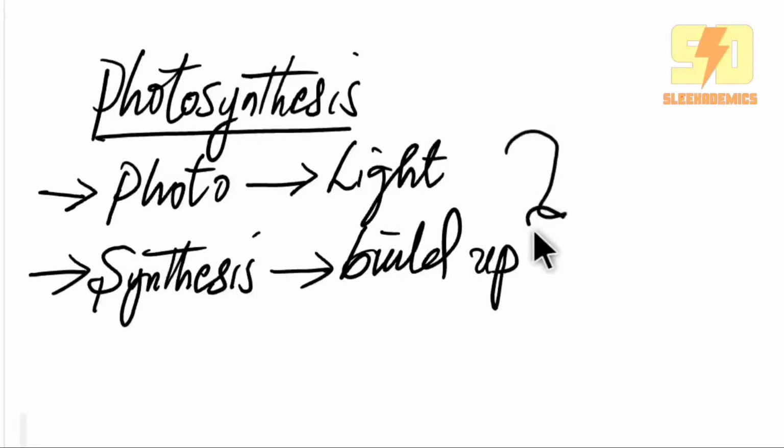So in general, photosynthesis simply means using light to build up, and mostly this is found in green plants because they possess the green pigments known as chlorophyll. So photosynthesis is the process by which plants produce their own food using energy from the sun.